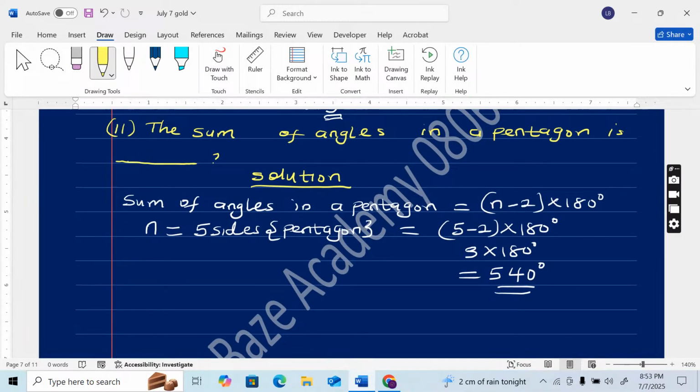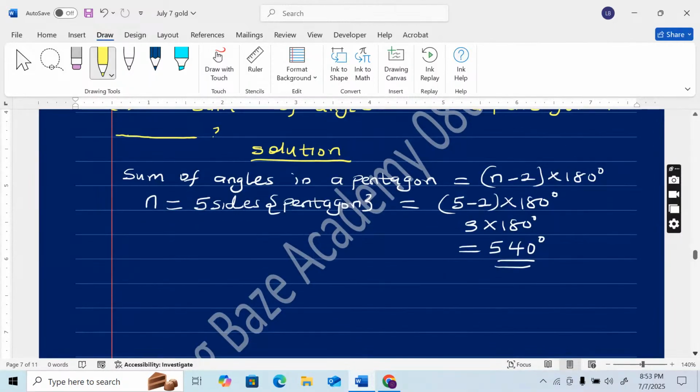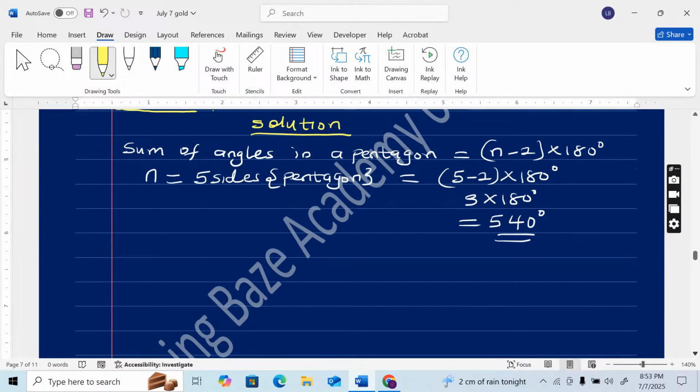So for the next question, please make sure you are writing what is on my screen. So question 12 says, find the mean of the following set of numbers.